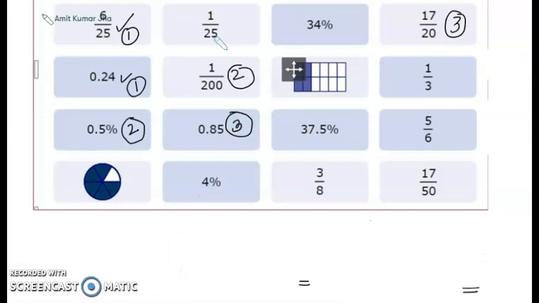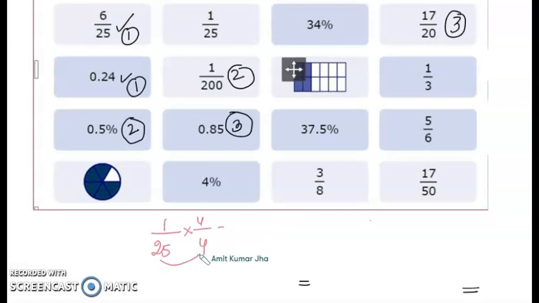Now let us take a look at another fraction, say 1 by 25. 1 by 25 you can write as, multiply this by 4, this by 4. So 25 times 4 is 100, and here you get 4. 4 by 100 is nothing but 4%. So you have this and this same. So now how many are you left with?